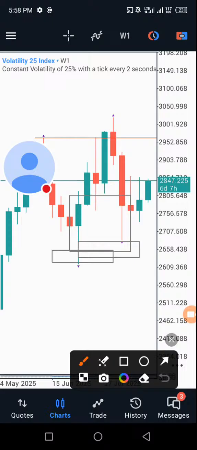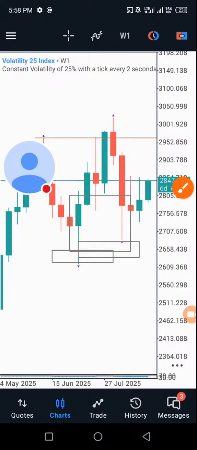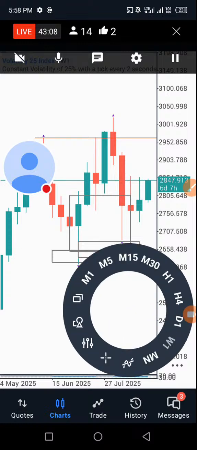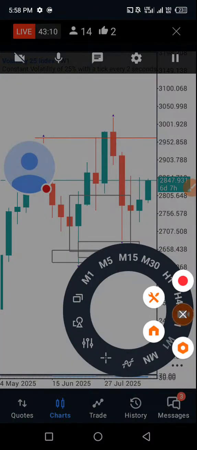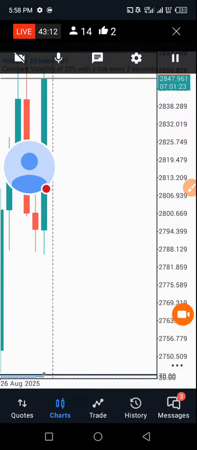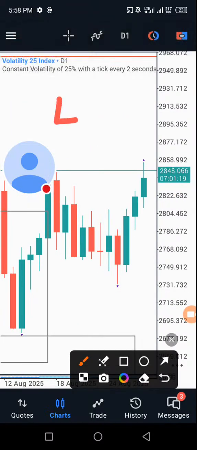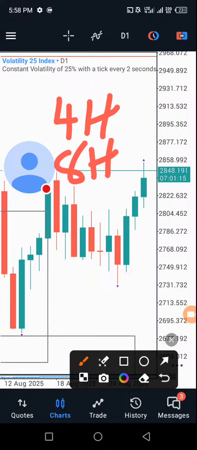Now what I have to say is this. If you are using a system, and we go to the daily time frame, your system might suggest time frames like the 4 hour, the 8 hour, the daily.